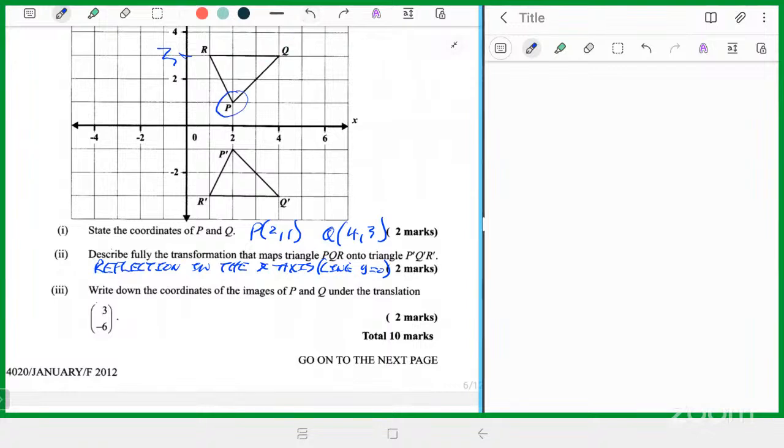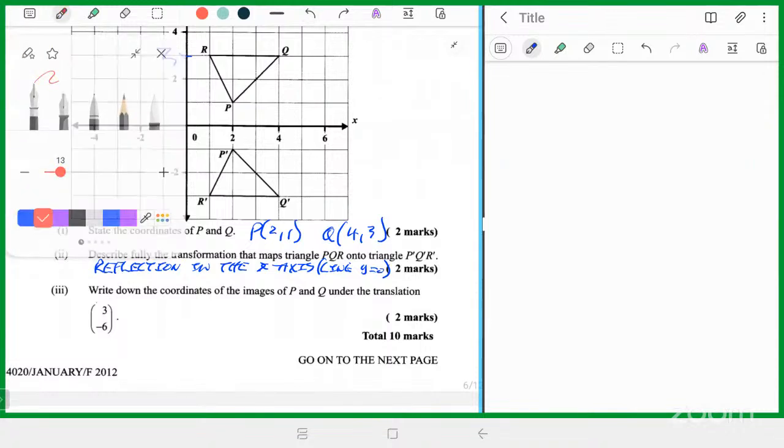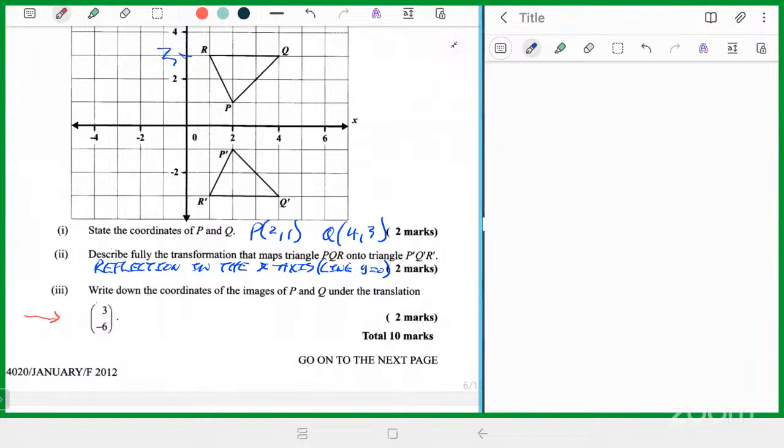Let's do P first. This means 3 to the right, 6 down. 3 to the right: 1, 2, 3. Then 6 down: 1, 2, 3, 4, 5, 6.